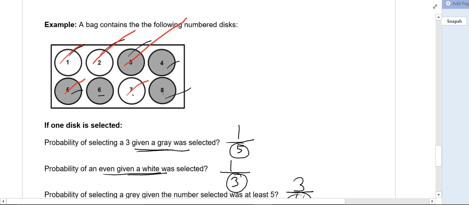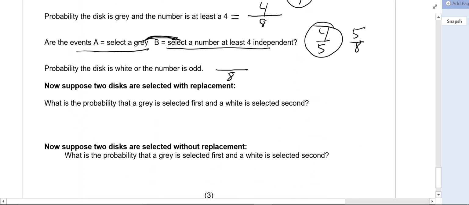That's it. They're white or odd, right? So 1, 2, 3, 4, 5. So there are 5 discs that are white or odd. There are 8 discs in total. We were able to count our way through probability here, so we really didn't need the OR formula, which is very restricted in the type of problems we can really give you there.